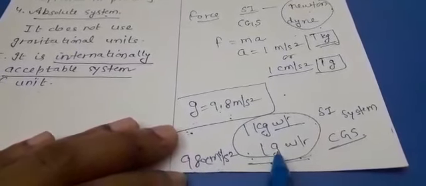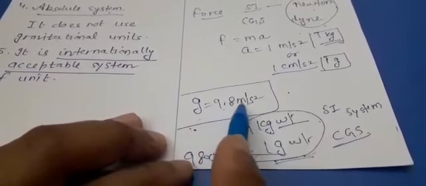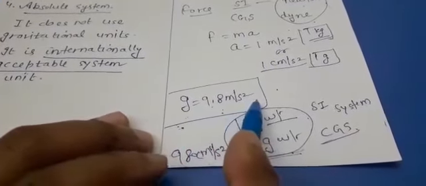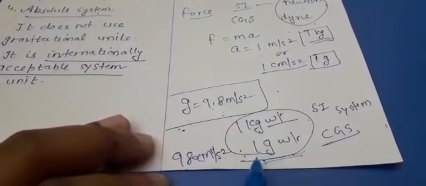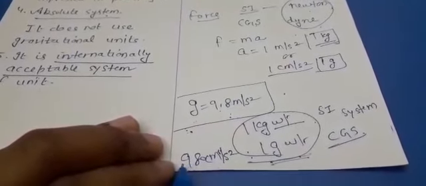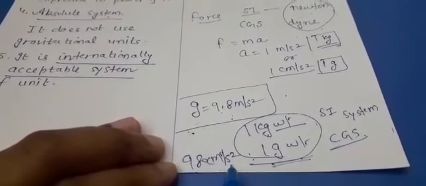What is the difference in both cases? Here acceleration due to gravity will be 9.8 meter per second square, whereas in CGS gravitational unit, acceleration due to gravity will be 980 centimeter per second square.